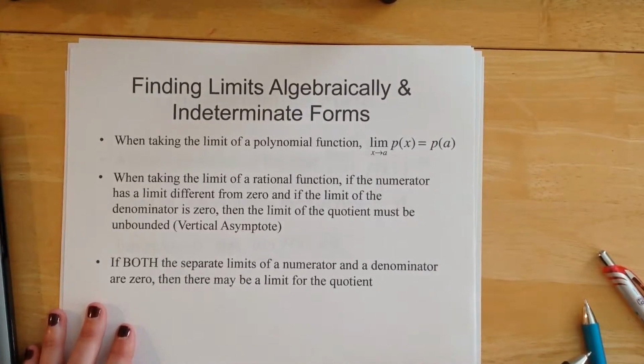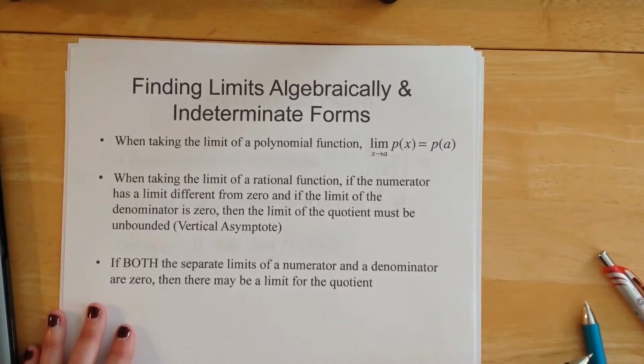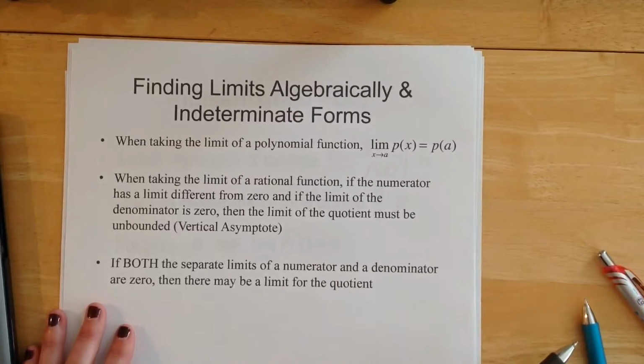If you're taking the limit of a rational function, you take the limit of the numerator, and if you get a limit other than 0, like 1 or 2, and then you take the limit of the denominator and you get 0, you know the limit technically doesn't exist because you're going to have a vertical asymptote at that x value.